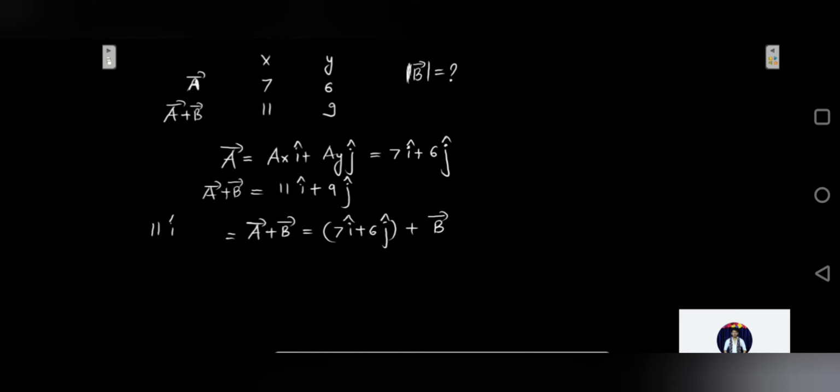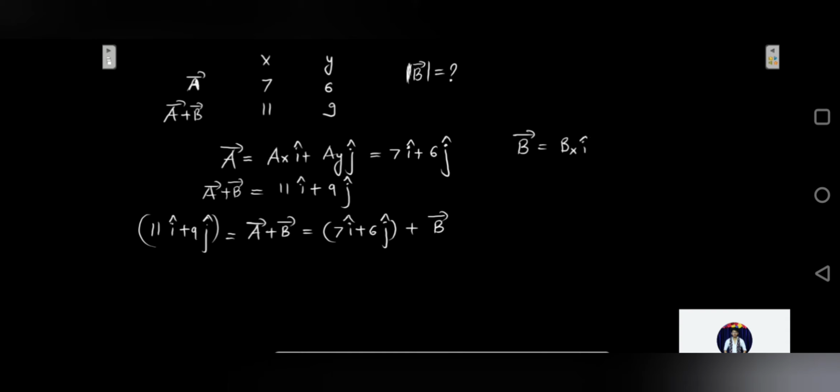It is 11i plus 9j. This is A plus B. If you are getting confused, I can write B this way also: bx i cap plus by j cap.